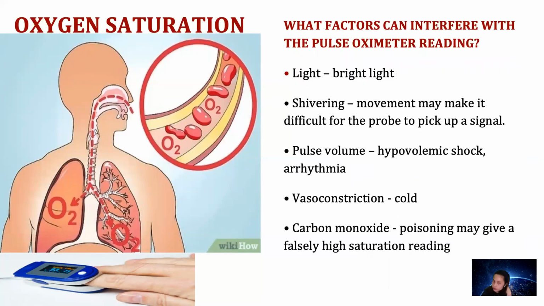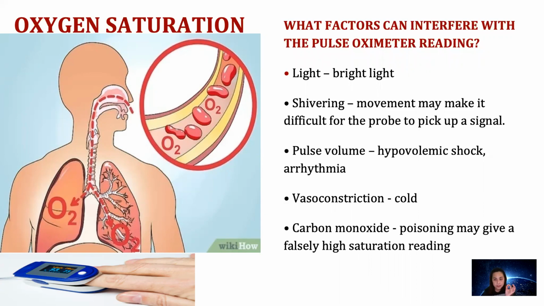So what are the factors that affect oxygen saturation? You have bright light, okay? If the light is too bright, it affects the result of the pulse oximeter or oxygen saturation. If your patient is shivering and you place the probe on the hand, of course, that affects the oxygen saturation.